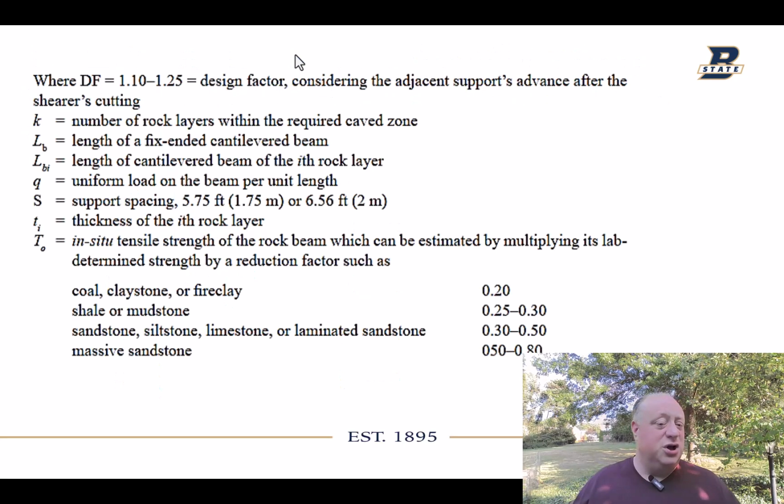But I also have all of the variables here, and what they mean. This design factor, because it was like a 1.1 to 1.25, is for recalculating modern shield capacities.